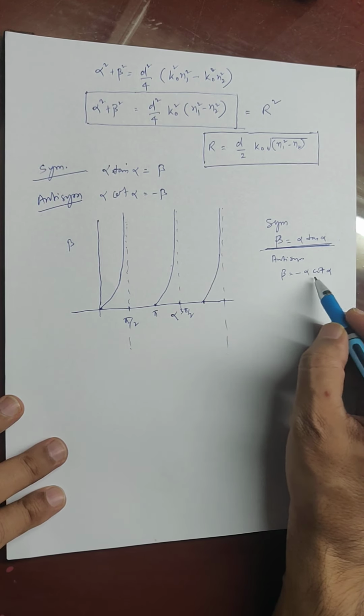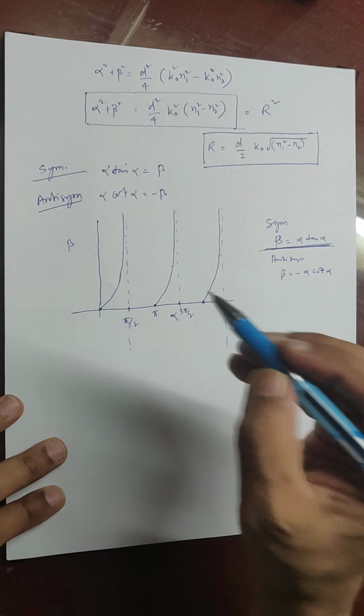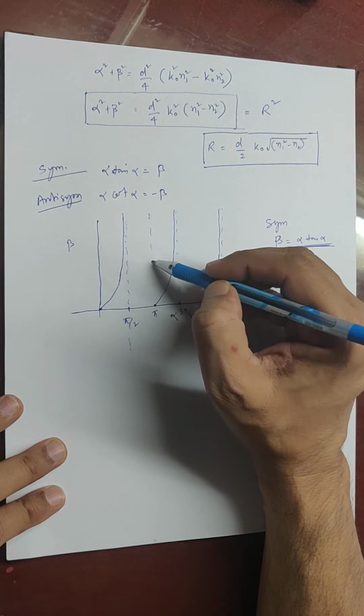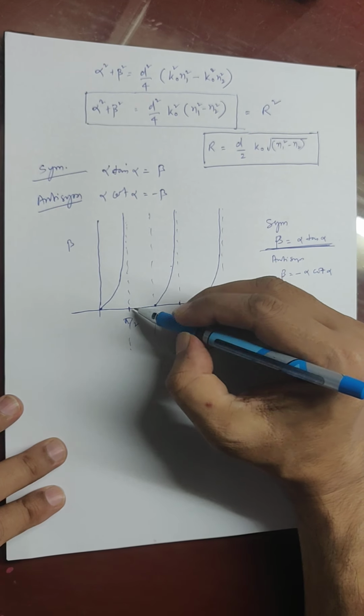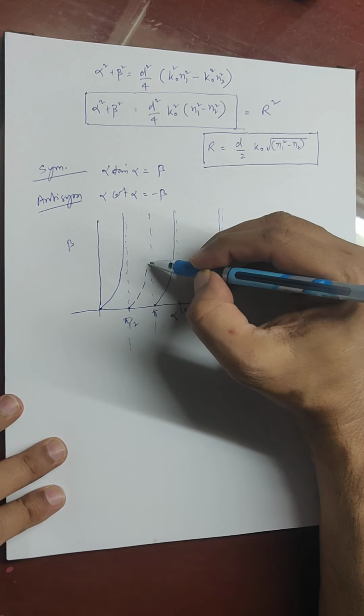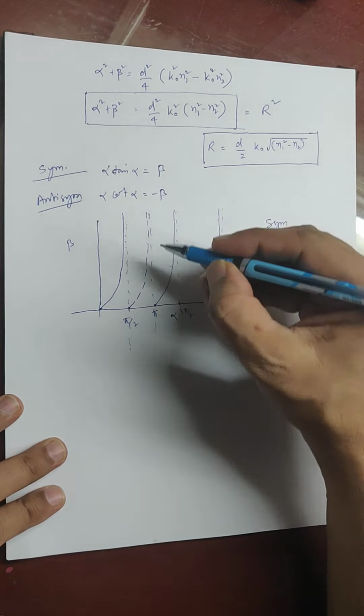Similarly for this one, alpha cot alpha, the behavior of minus cot alpha, you would see that those curves would be drawn like this. It would now go to plus infinity.